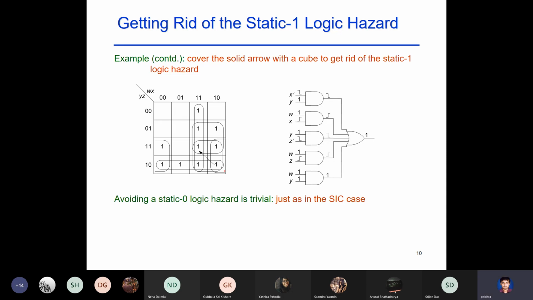That's the standard way we studied in the case of static one hazards. You introduce an additional product term, an additional AND gate, to cover these two, which is redundant, which was not required. This is just as in the single input change case. This is the additional gate you have.